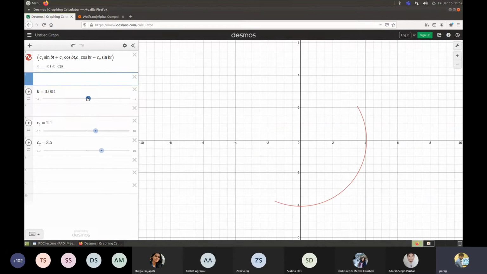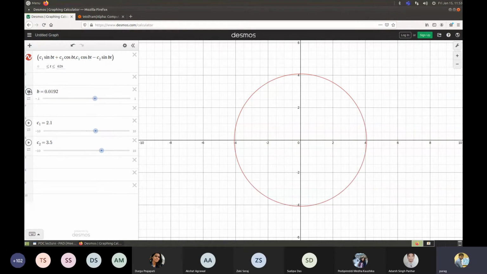Let me animate it. The circular region remains the same, but for negative it is anti-clockwise, for positive it is clockwise.